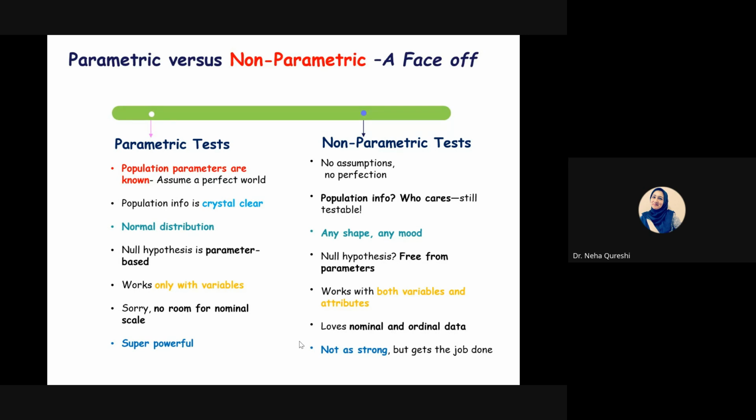They don't strictly tend to follow a normal distribution, and we don't care about the population information. Any shape or any mode of the data will work, and the null hypothesis is free from the parameters, because here we will mostly concentrate on median or mode. So it works with both variables and attributes, and mostly when we have data on the nominal and ordinal scale. It is not as strong as a parametric test, but we get the job done.